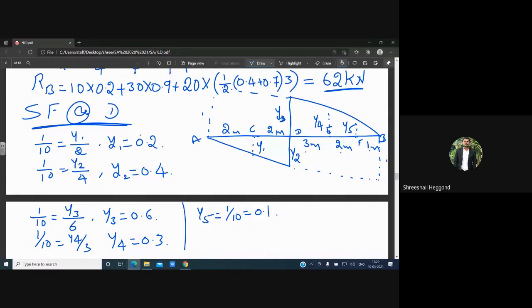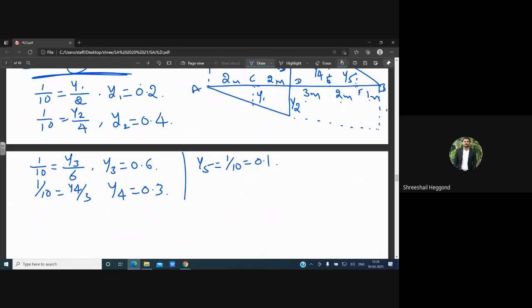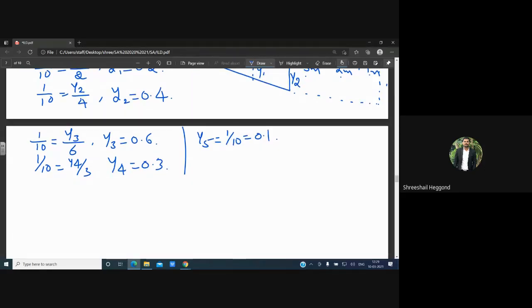Now the ordinates are known to us. Shear force at D is equal to ordinate multiplied by load. y1, y2, y3, y4 and y5 are known values. Shear force at D is equal to the calculated value. The 10 kN load is applied at y1, which is 0.2, but it is on the downward side.